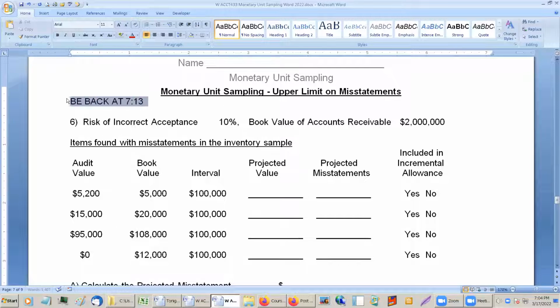You can get started on it if you want. There's nothing wrong with that. This one's going to be the tricky one, I'll tell you that right up front. There's actually two tricky ones here. That one's tricky. This one's a little bit tricky. The other two are boring. Okay.